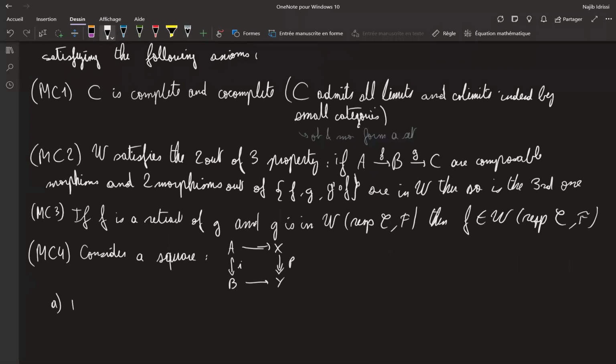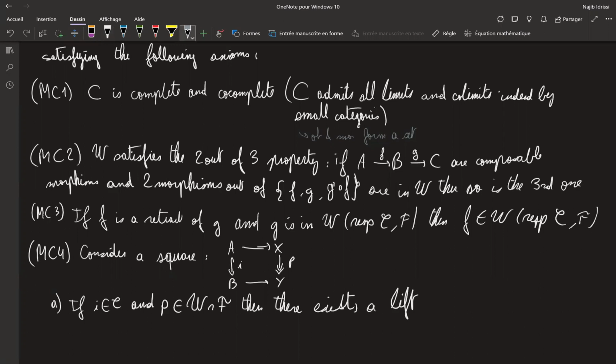First one, if I is in C and P is in W and F at the same time, then there exists a lift. So a lift is a map like this that makes both triangles commute.